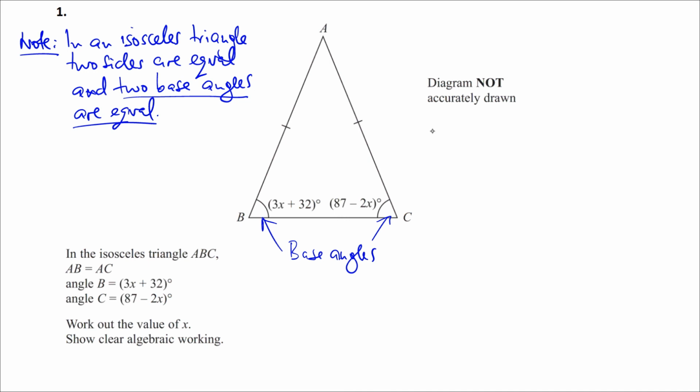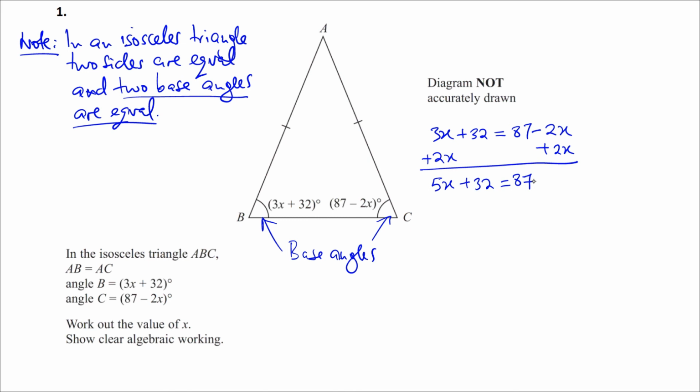So one of the base angles is 3x plus 32, and this should be equal to 87 minus 2x. So all that is required here is just to solve for x. So we can start by isolating the smaller x. So we add 2x on each side. And then the resulting equation will be 5x plus 32 is equal to 87.